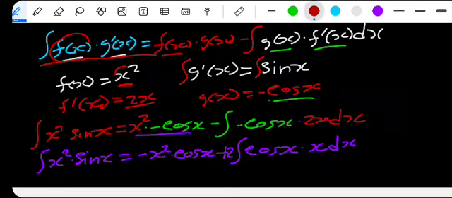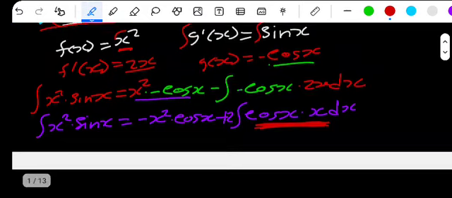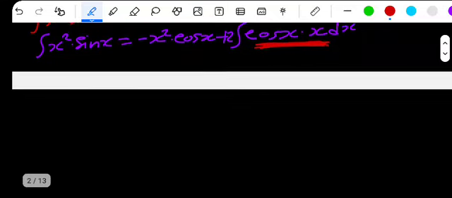As you can see, here we need to integrate by parts again. In this problem we integrate by parts twice.